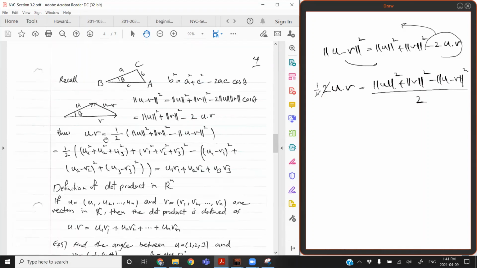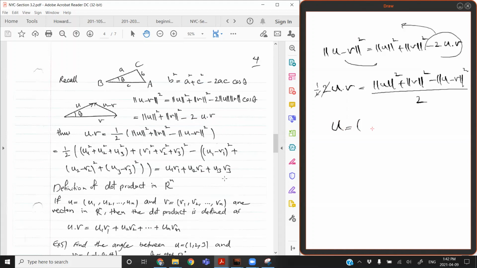I found the formula for u dot v that I can calculate just using the components. But if I simplify this formula more, for example for R3, I replace norm of u squared, norm of v squared, and norm of u minus v squared with their values and simplify, and I get this very simple formula.